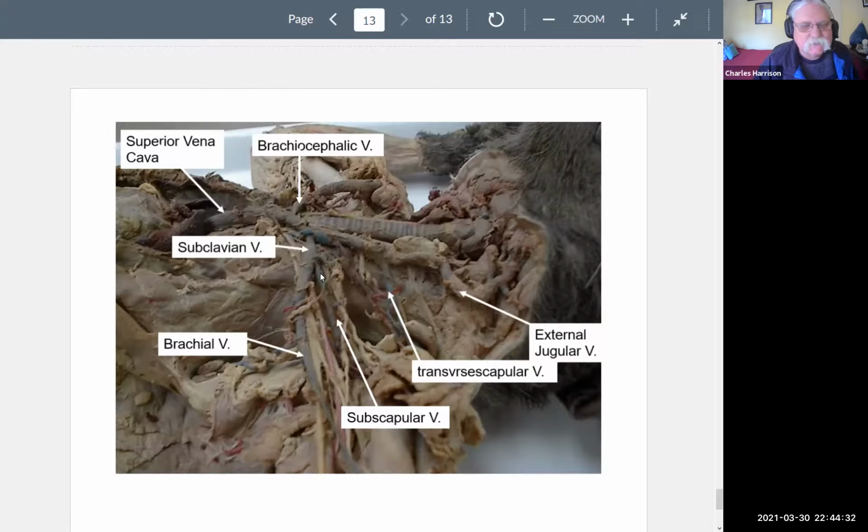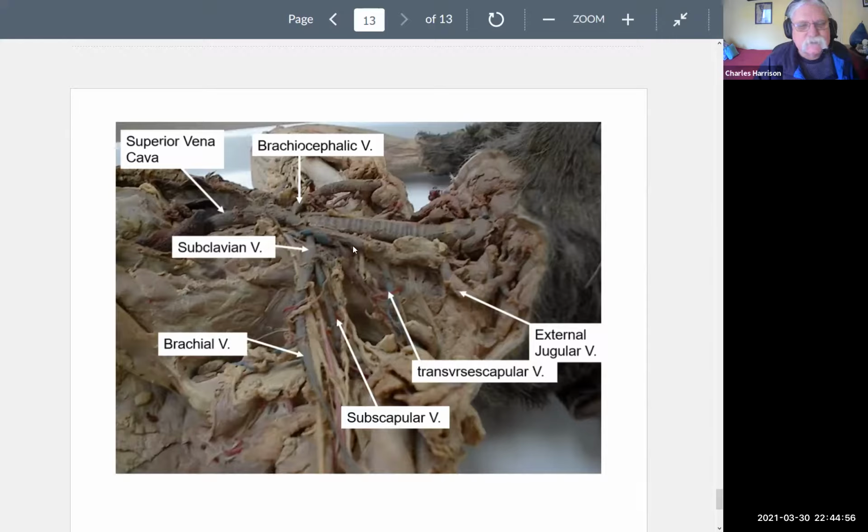Subclavian vein ends when the subscapular begins. And this is very short. Well, that's just individual variability. Subclavian, subscapular, beautiful one actually. And then after you pass the subscapular, the rest is going to be brachial.